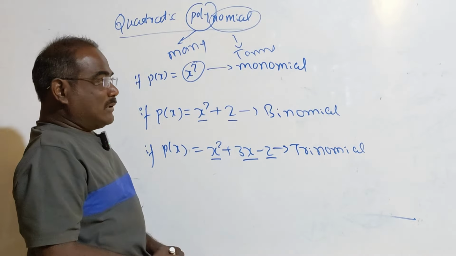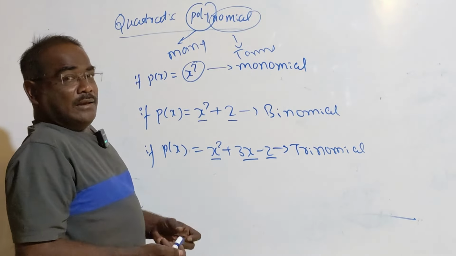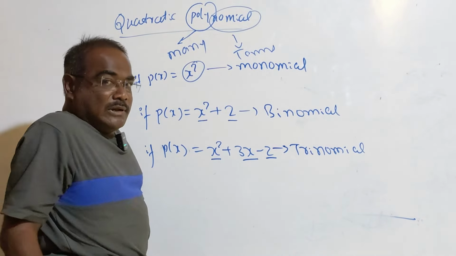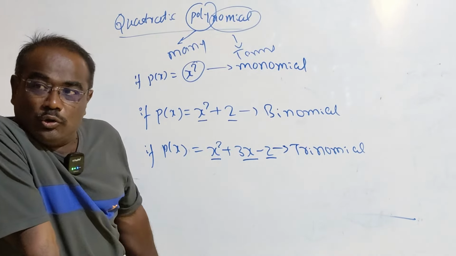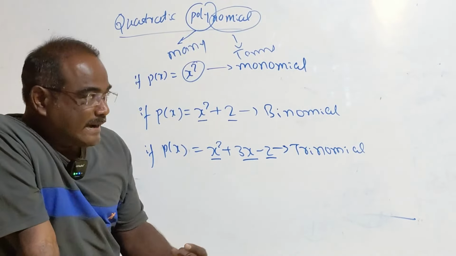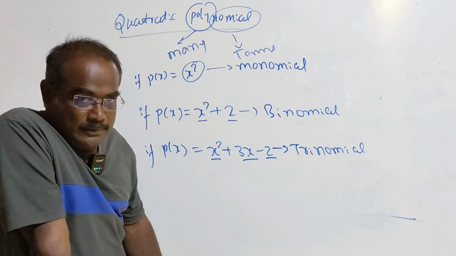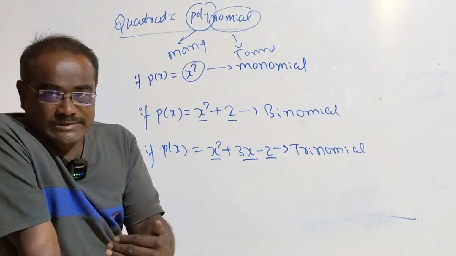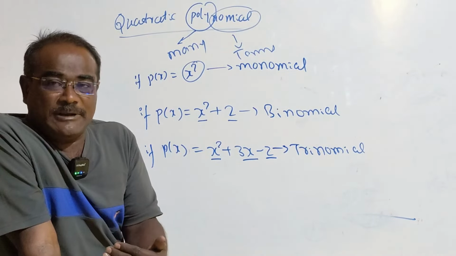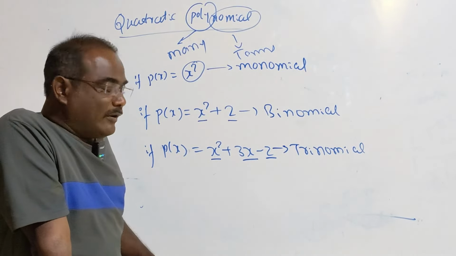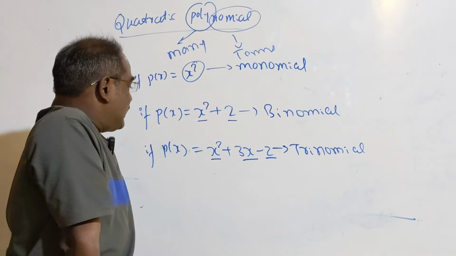Many means how many? Two or more than two. If an expression has two or more than two terms, it is called a polynomial. Onwards, we usually say the given mathematical expression as polynomial. I think you are getting what I mean, right?